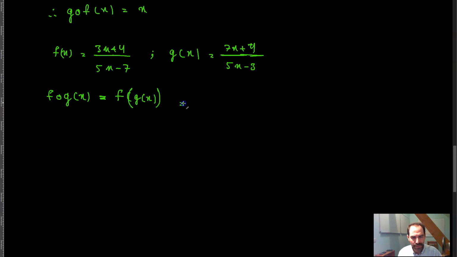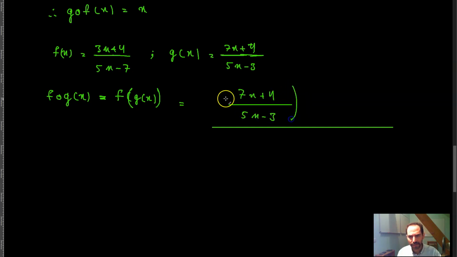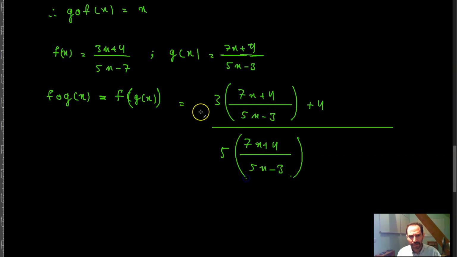Meaning that you can write this as, in f of x, 3 times (7x plus 4) over (5x minus 3), plus 4, all over 5 times g of x, which is (7x plus 4) over (5x minus 3), minus 7.